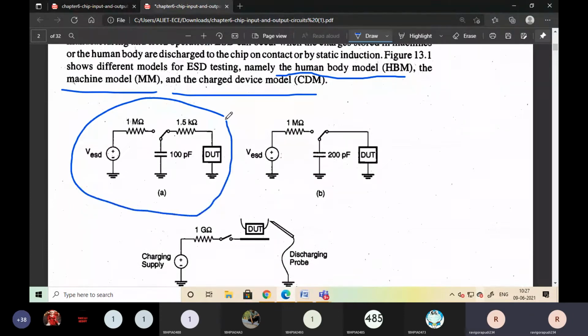First, draw this: the input is given here, with 1.5 kilo ohms and 100 picofarad. If you use this resistor and capacitor, then we can reduce the human body ESD.